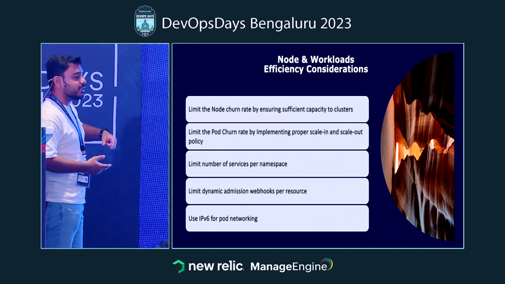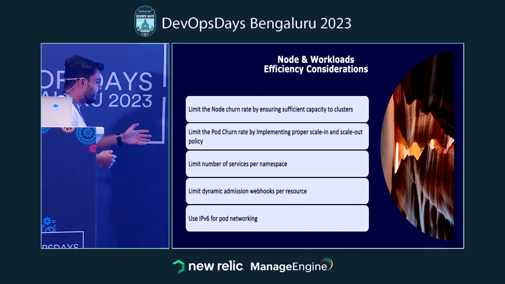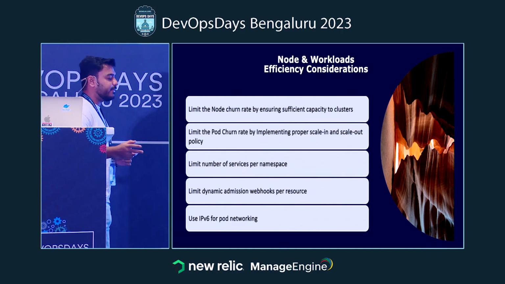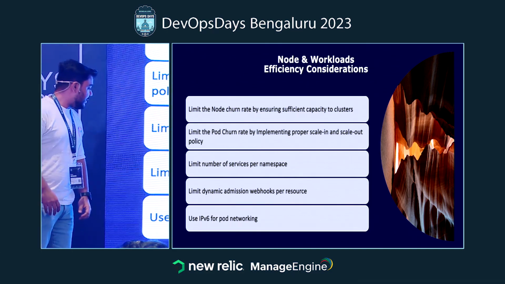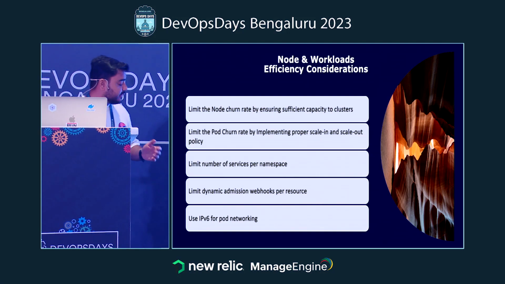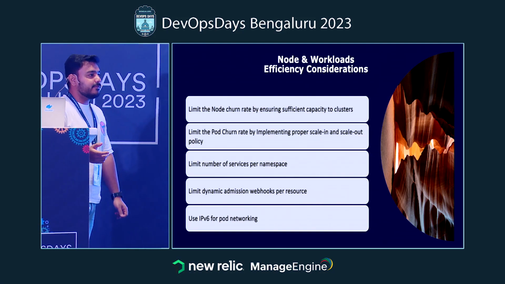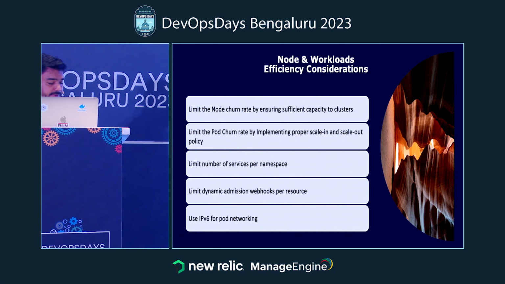Running a query on 30K pods is quite difficult. So instead of pod, we migrated to the controller level, like deployment and stateful set. And the last thing we did was use IPv6 for pod networking, because we were running this many pods, and with IPv4 we have certain IP limitations, so we had to migrate to IPv6.